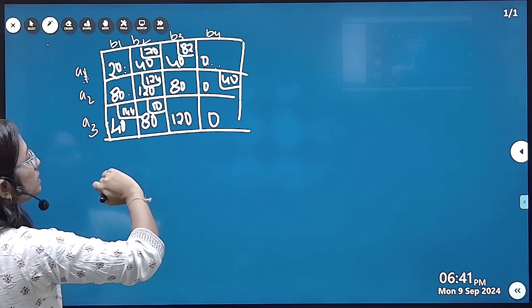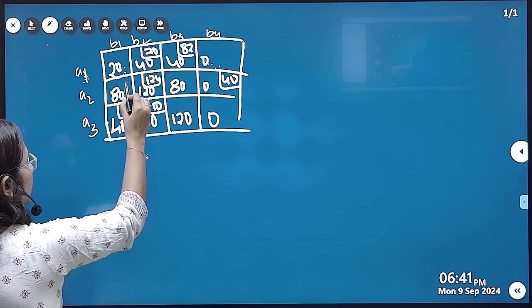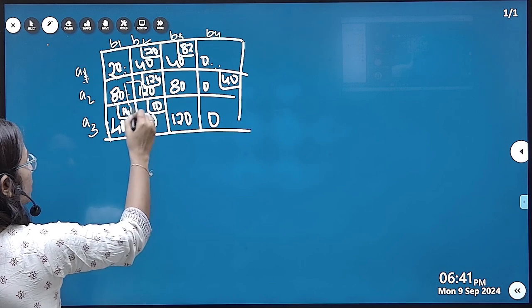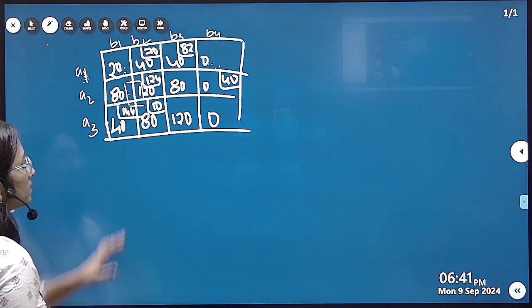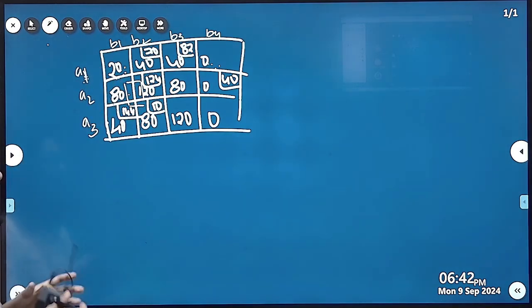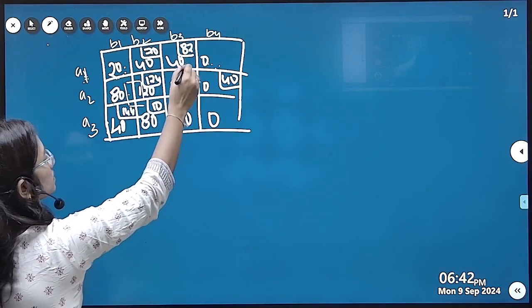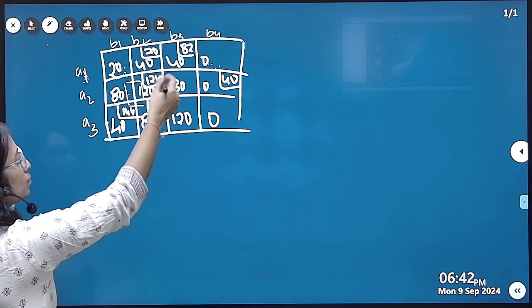So how do we need to change the matrix values? Now we will do degeneracy like this in a square shape. Okay, the 3 cells must be occupied and 1 cell should be empty. So we can take degeneracy like this, or if not like this. So there are only 2 ways.